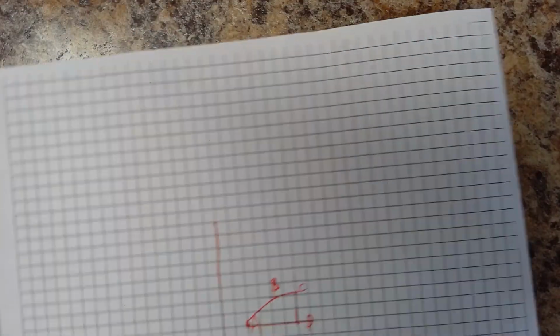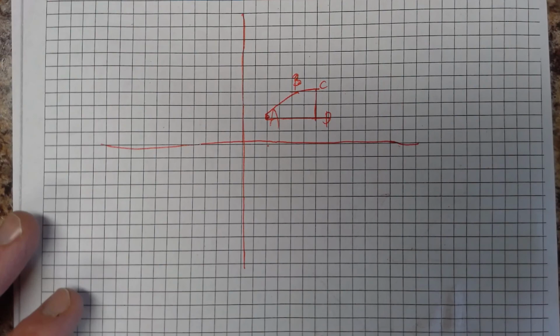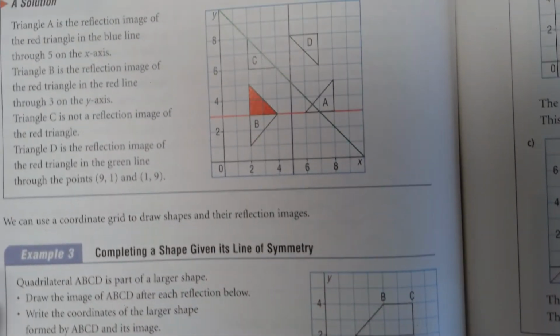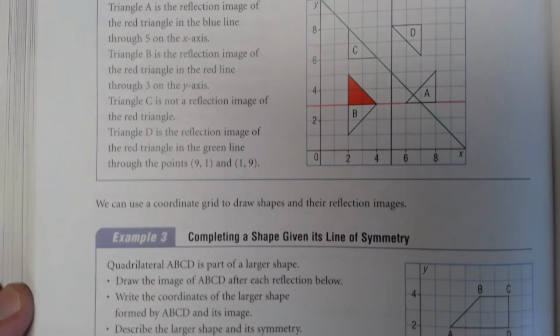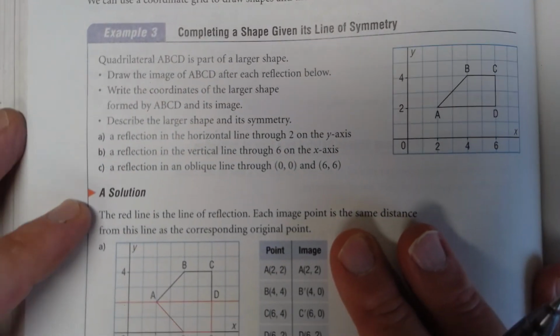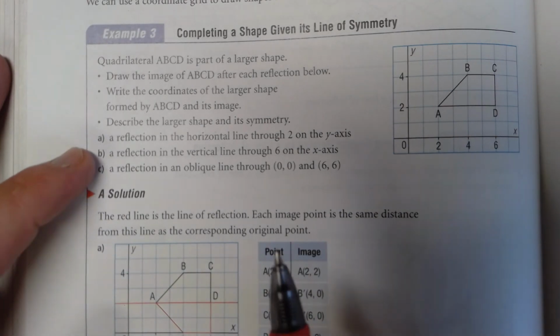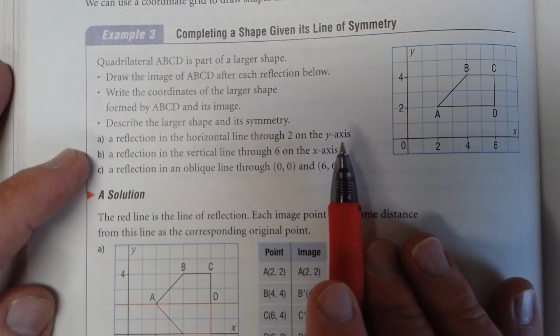Now what are we doing? Shape A, B, C, D. Now what are we doing with this shape? Let's look at the 3 things we're doing with it. A reflection in the horizontal line through 2 on the y-axis.